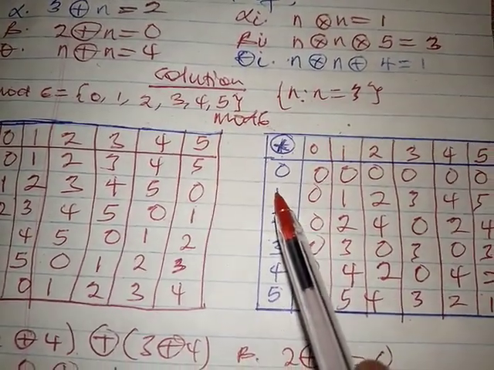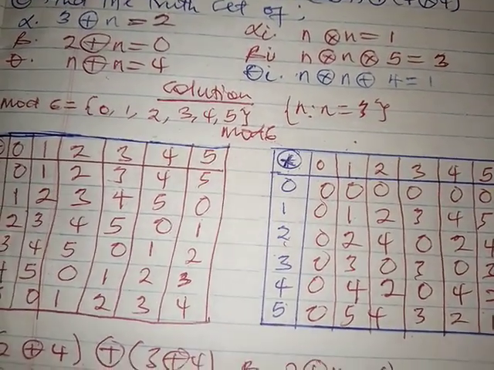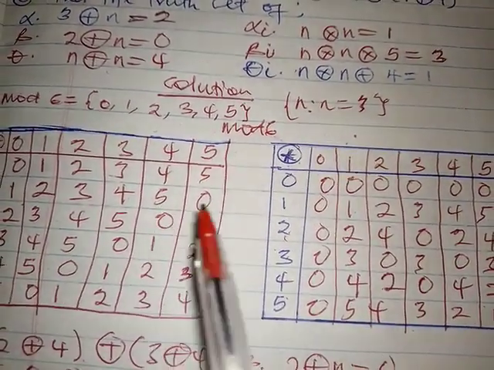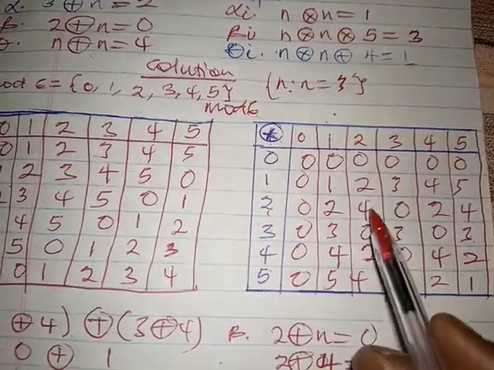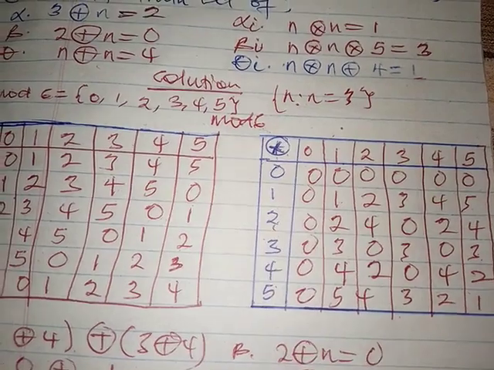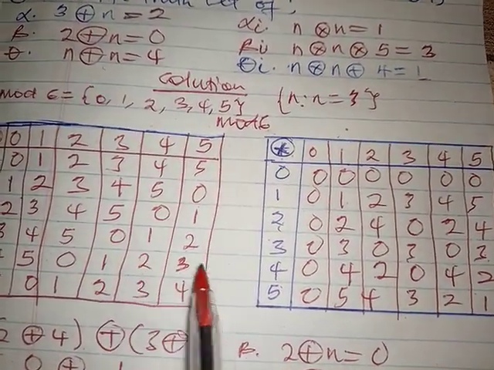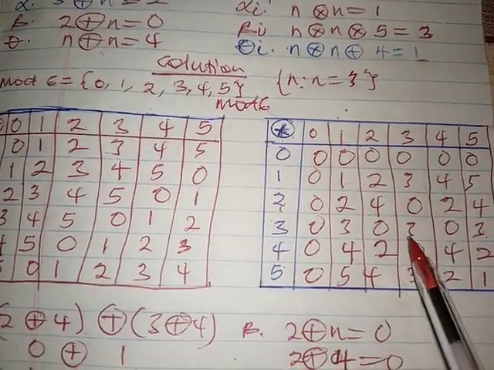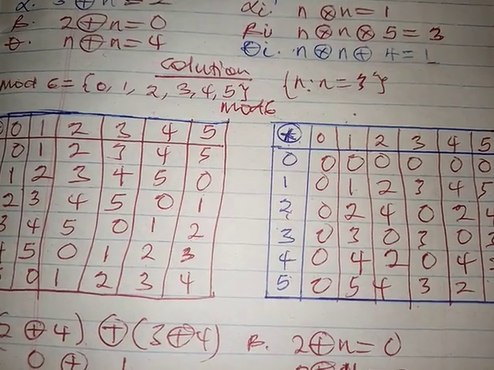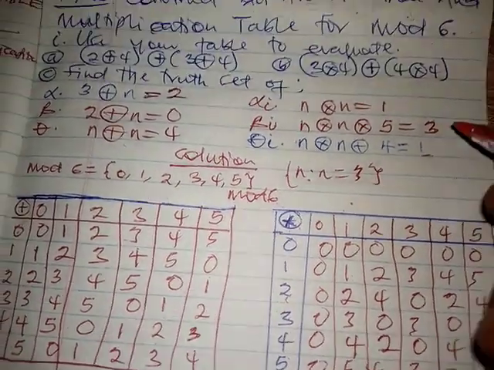Let's try with 1. 1 times 1 is 1, and 1 plus 4 is 5, which is not true. We want 1. 2 times 2 is 4, and 4 plus 4 is 2. So 2 is not part. Let's look at 3. 3 times 3 is 3, and 3 plus 4 is 1, which means 3 is part.